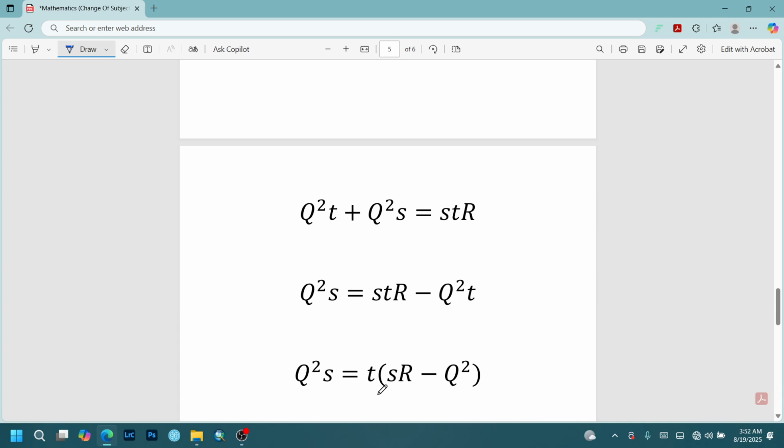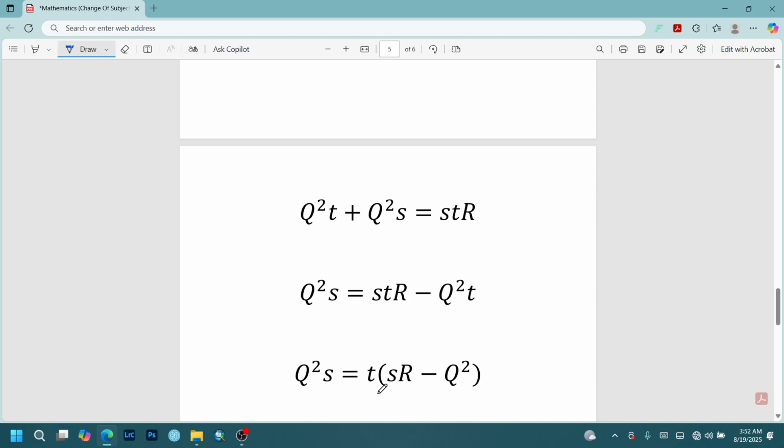So we factor out t here. And among t, right, which number in the world can multiply t for us to get str? And the only number you can get in this world is sr, right?